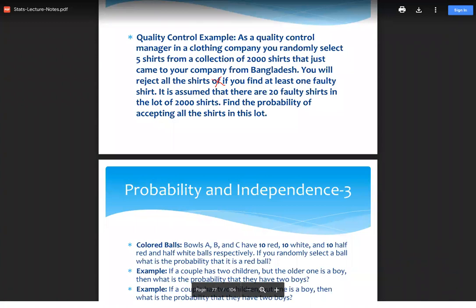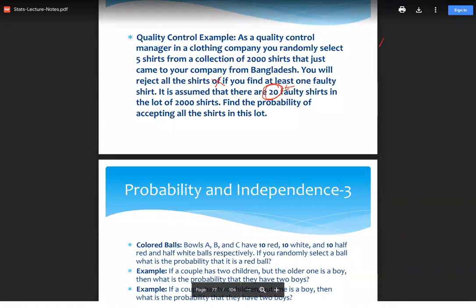And from the experience, you know that in a shipment of 2000, there are about 20 bad shirts or 20 bad clothing pieces. So that's from the experience. So given this scenario, what is the probability of getting all five good shirts?